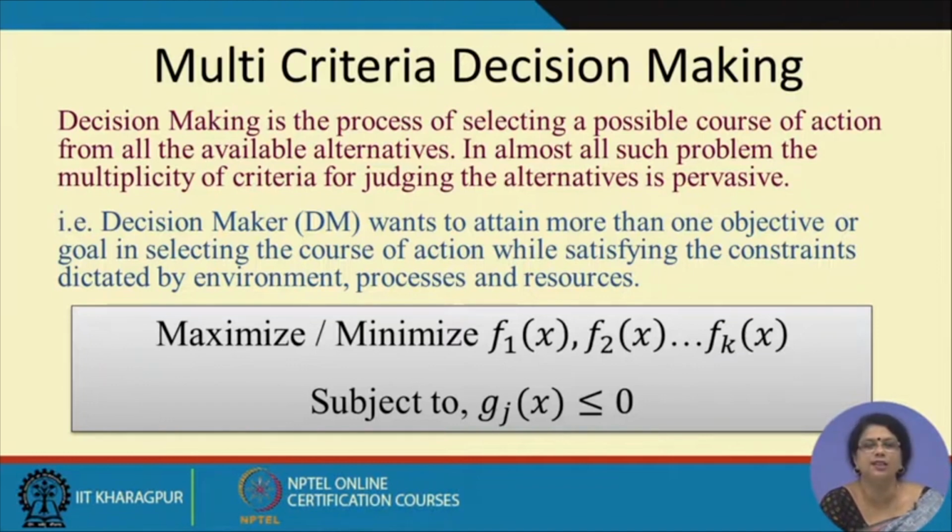We call this kind of problem a multi-criteria decision making problem. It takes the name multi-objective decision making problem when the feasible space has an infinite number of options. But if the feasible space has a finite number of options, we call the multi-criteria decision making problem a multi-attribute decision making problem.